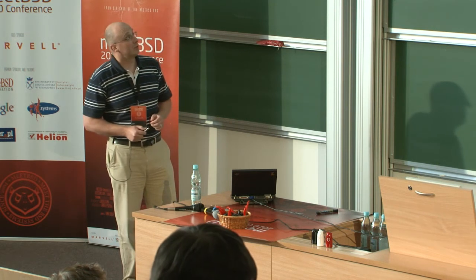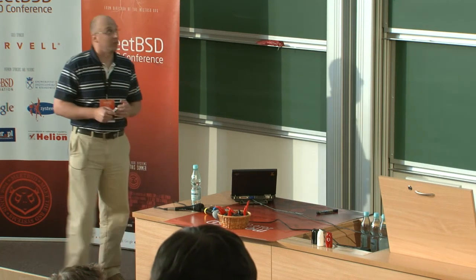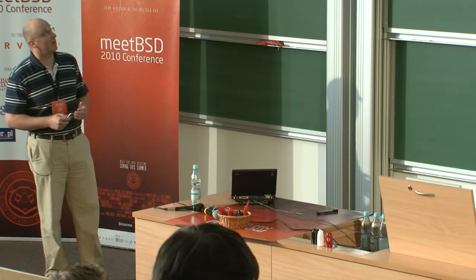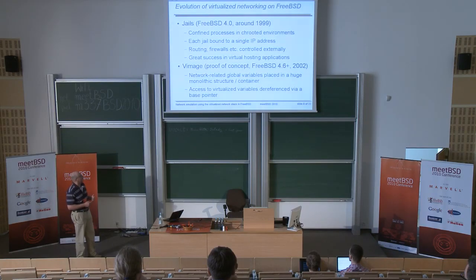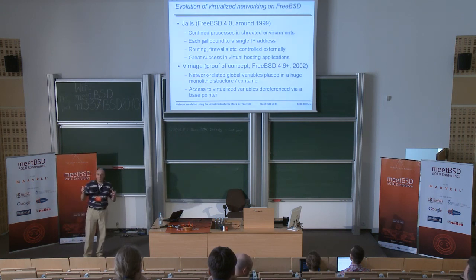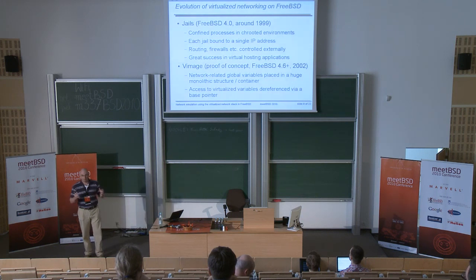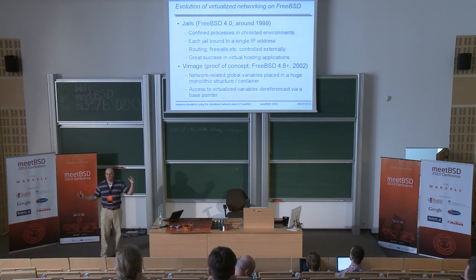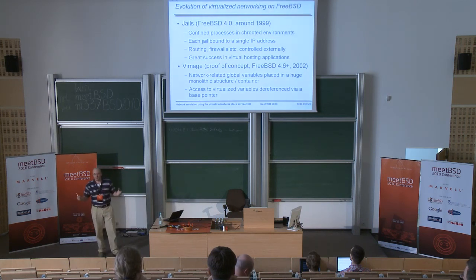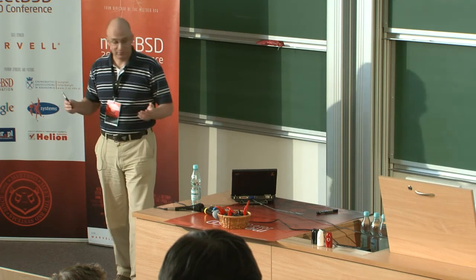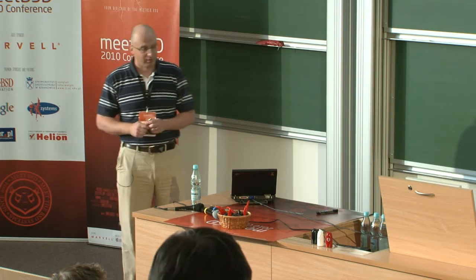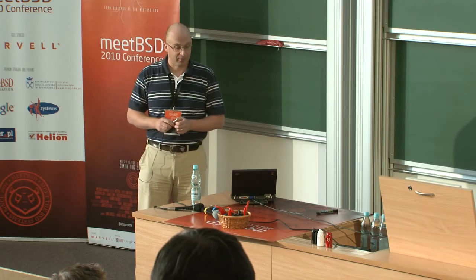So in 2002, just out of pure curiosity, I did a proof of concept experiment. I tried to whip all the global variables that were relevant for networking into a huge structure. Basically, the FreeBSD kernel is a huge C program, so we just place those in a huge C structure.